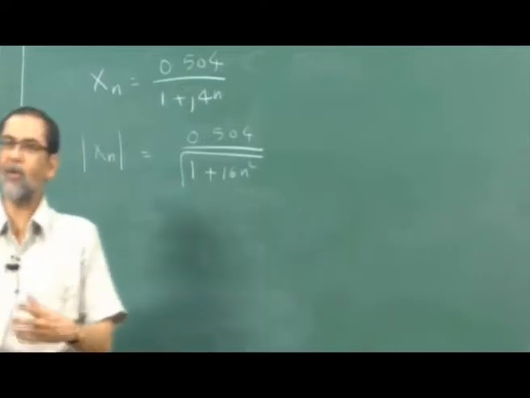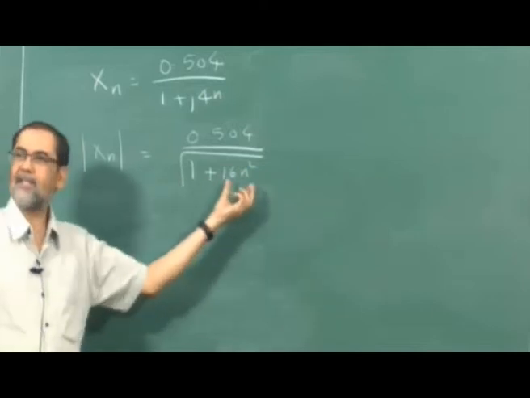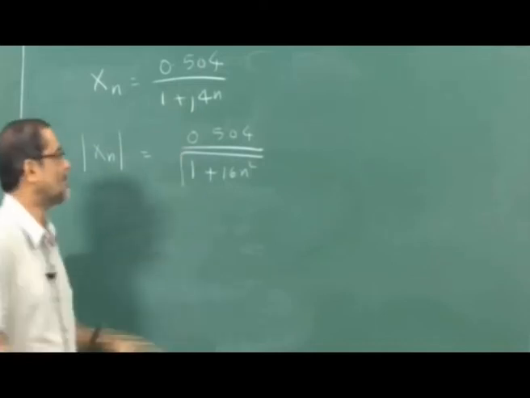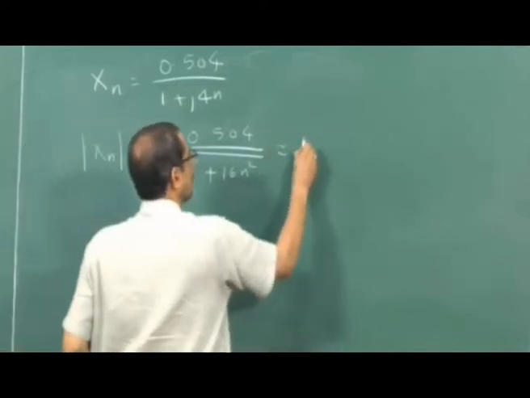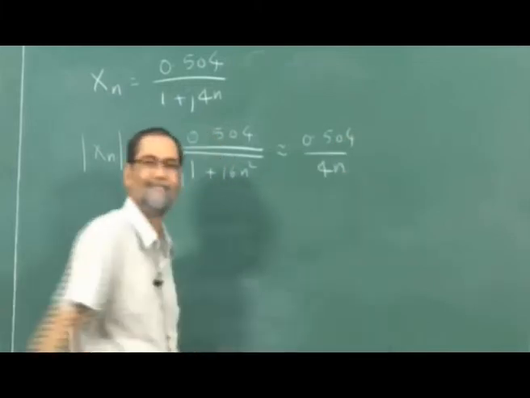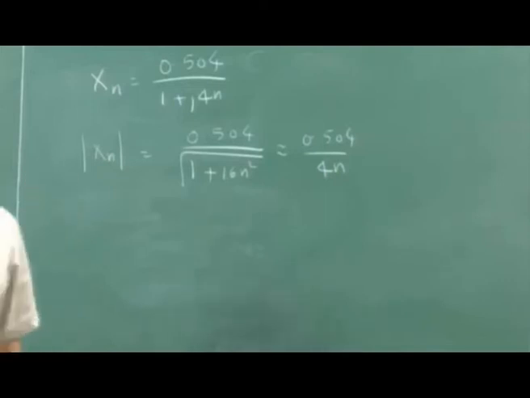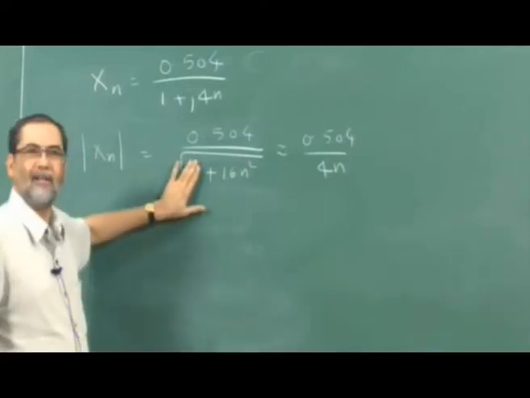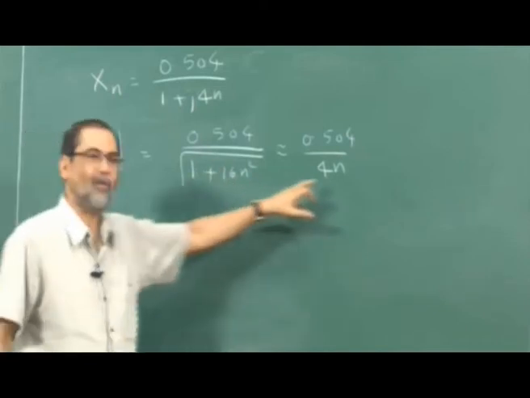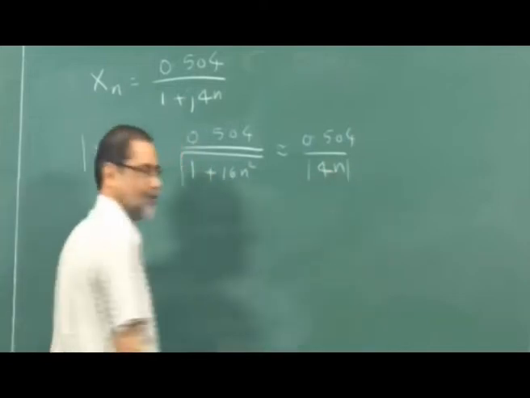For n equal to 4 or greater, 16n square is so much bigger than 1 that the 1 has no effect. So you could write this as approximately 0.504 by 4n when n is greater than, let's say, 3 or 4. Effect of 1 can be removed. I am left with 16n square under root, that's 4n, and so that's the positive part.